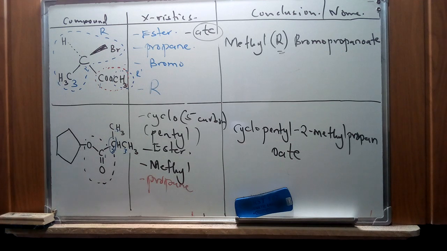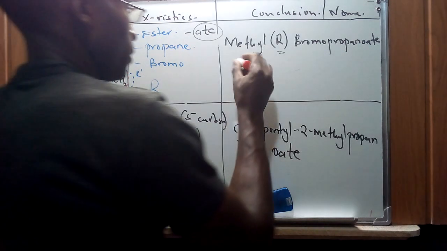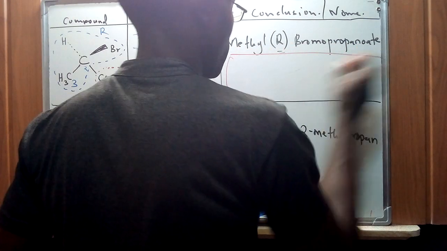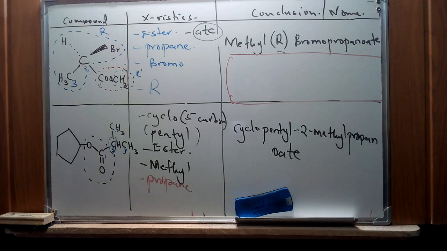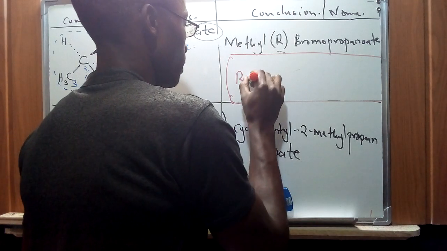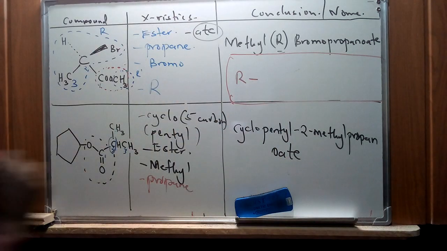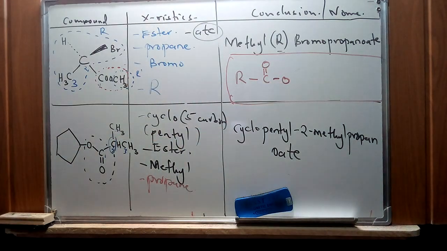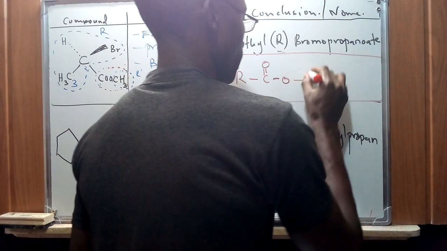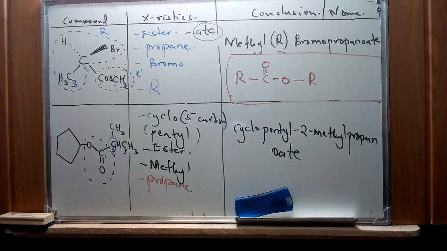Maybe I'm just going to give an illustration of the general format in this red triangle: the functional group from the carboxylic acid combines with the alkyl group from the alcohol.